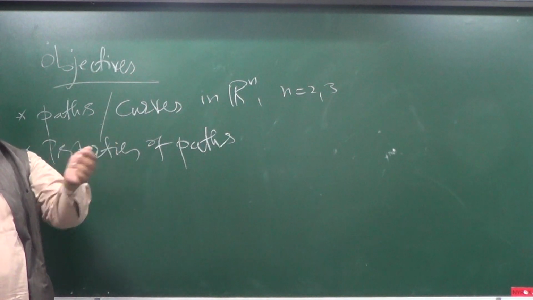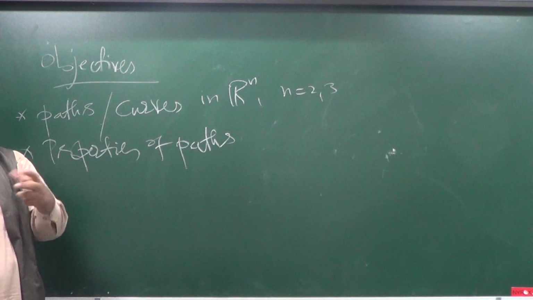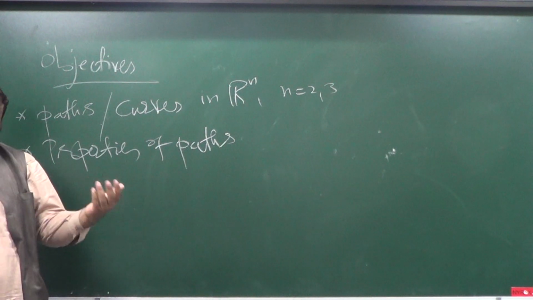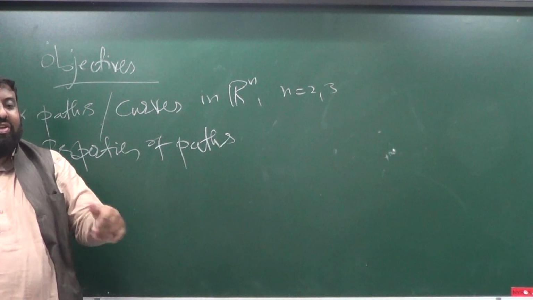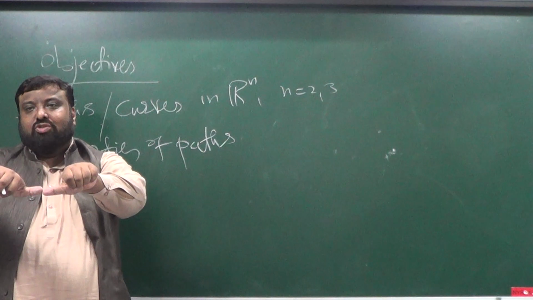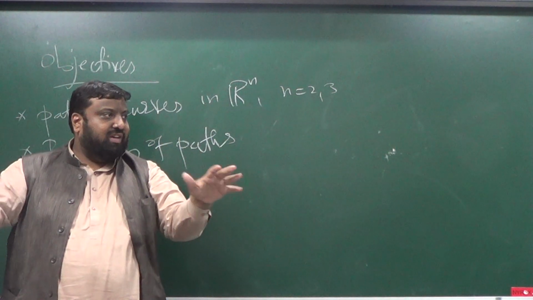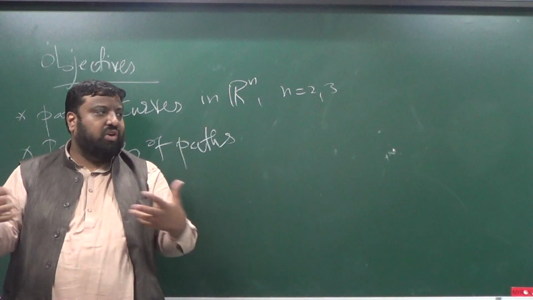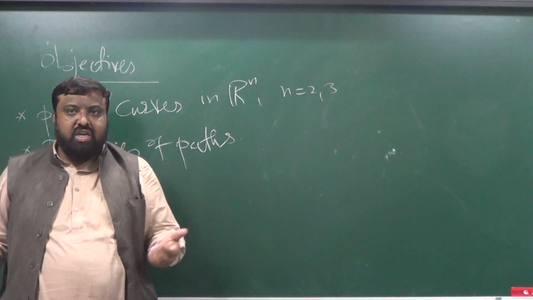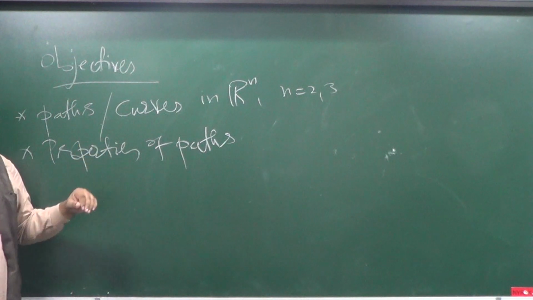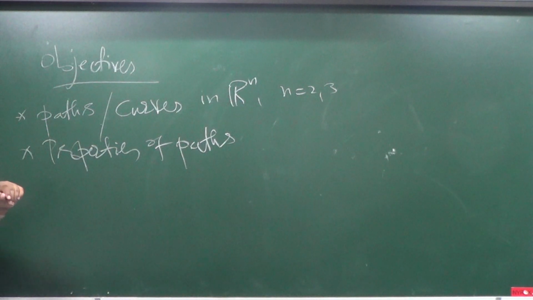Once we study this, we will also talk about how, if you have paths, you can connect two paths and create a new path. You can have multiple paths, put them together, concatenate them and create new paths. So in the beginning, maybe today, we're going to talk more about curves and paths in Rn and some of their properties.